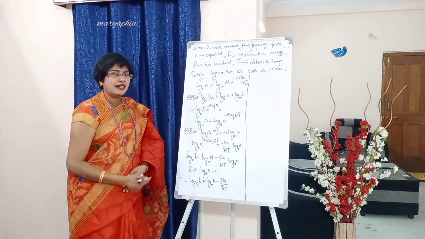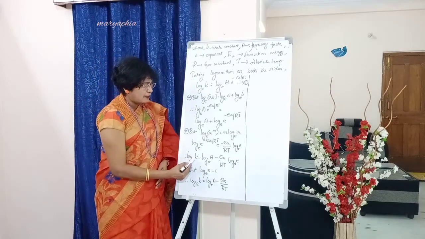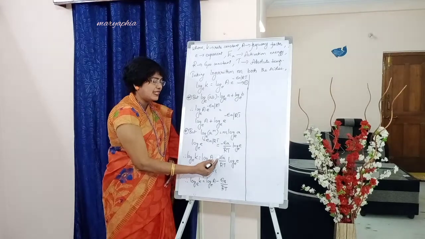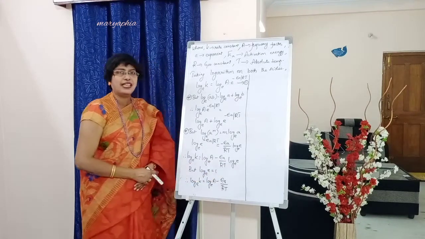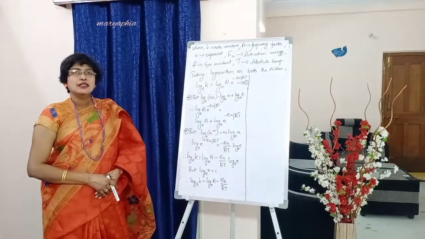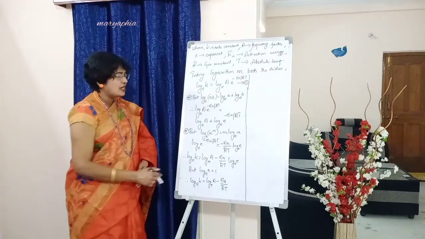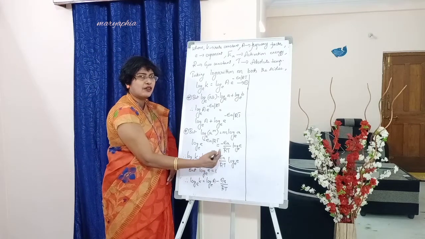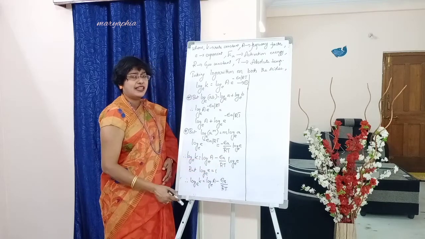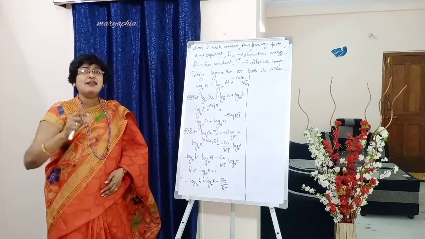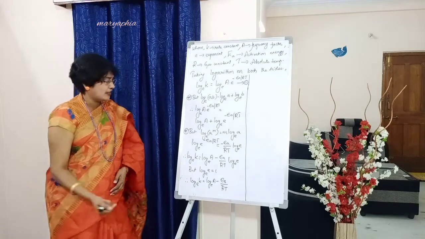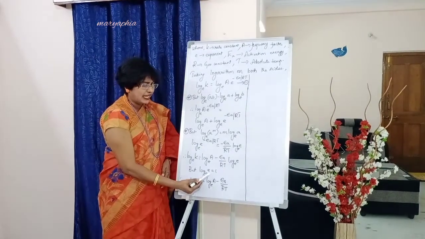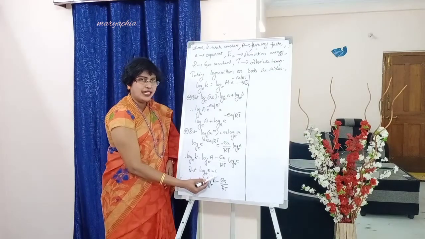After taking all those things, log of K base E is equal to log of A base E minus EA by RT log of E base E. Okay, so in our expression, log of E base E is there. Anything, log of 2 base 2, log of 1 base 1, log of 3 base 3, like that the value will be equal to 1. Therefore here I have mentioned that log of E base E value is 1.